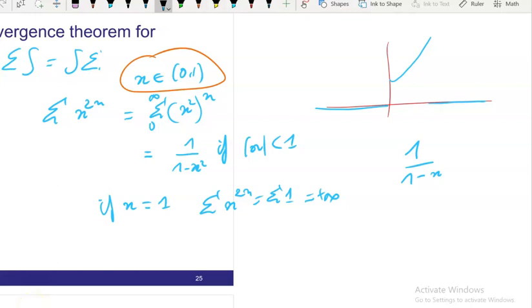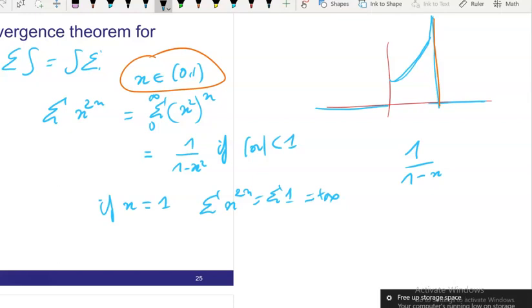It has a vertical asymptote here, so 1 over 1 minus x is going to be something like this, and the value at 1 is going to be plus infinity.